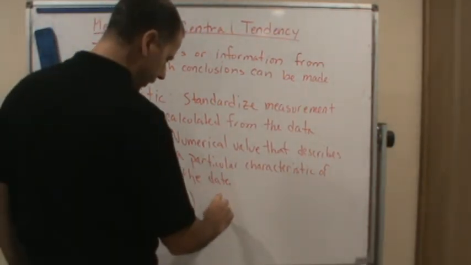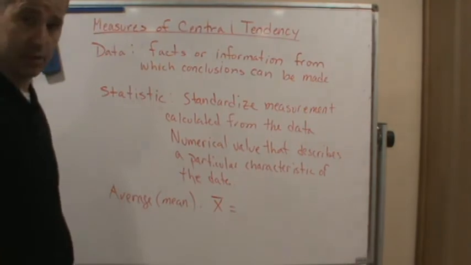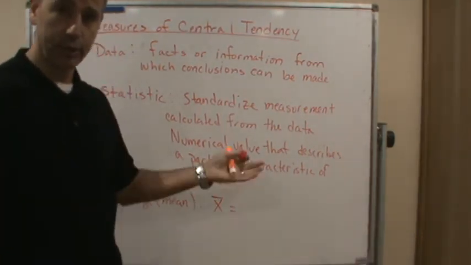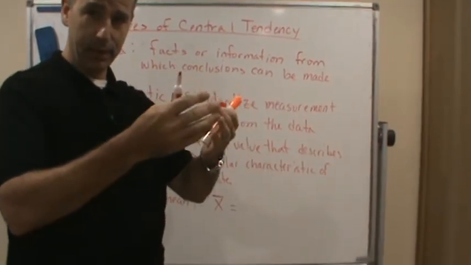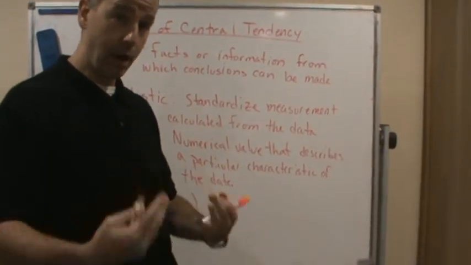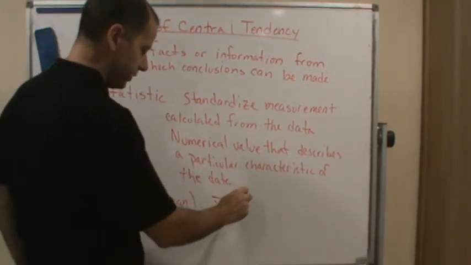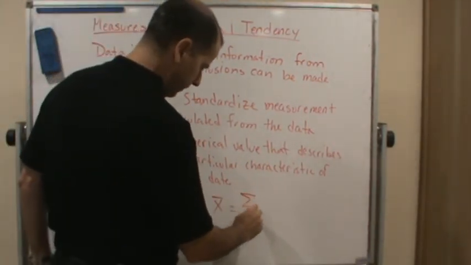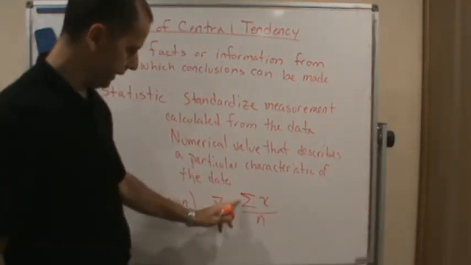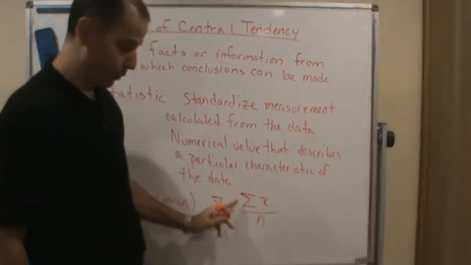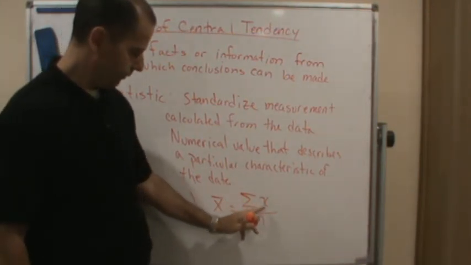The calculation for the average or the mean is just like we did in grade school. You take all the values in the data set, add them up, and then divide by the total number of values in your data set. This is the formula. This symbol is capital sigma, a summation symbol, so it means the sum of all x.